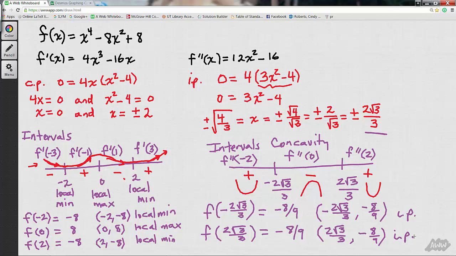Also, when you report the intervals that you're concave up, you would say from -infinity to the first inflection point, and from the second inflection point to infinity would be concave up, and of course concave down would be the interval between the two inflection points.